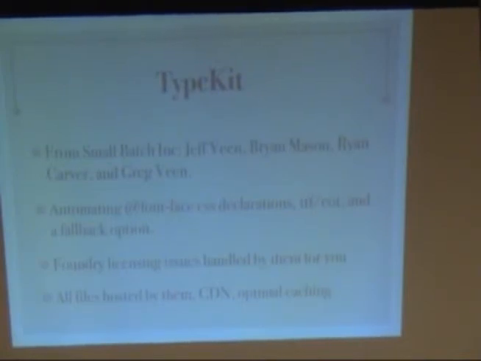Then it has a fallback option if that isn't available. So it'll fall back, potentially giving you an option of sIFR or Cufón to fall back to. The huge thing about Typekit is that the licensing issues of dealing with the foundries and asking, can we use this, are going to be handled by them.